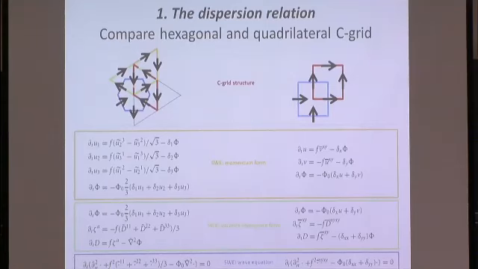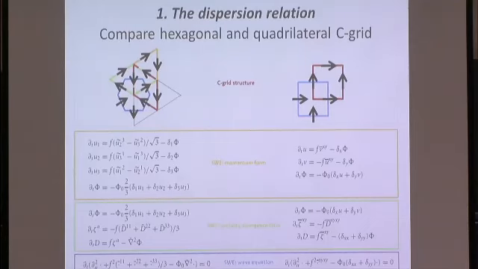We first have to understand the regular grid, so all equal angles. We compare it here, for a better understanding by all the people who worked with quadrilateral grids, to the quadrilateral C grid.